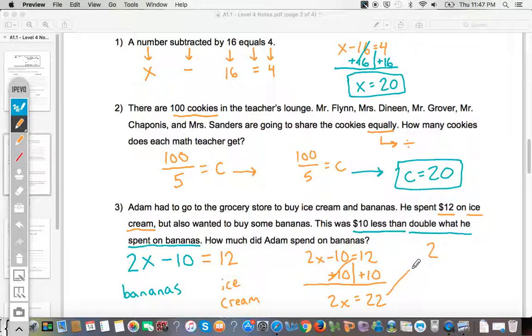So if I bring this up here, I have 2x equals 22. I can divide by 2 on both sides to get that x by itself. And I'm left with x equals 11.